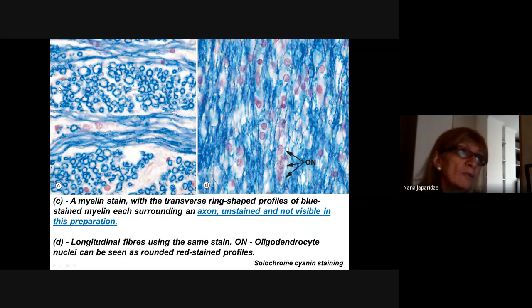This is a cross section through the myelinated axons, or transverse section. Here is a longitudinal section through the myelinated axons. The same is here. And here the oligodendrocytes, their nuclei are clearly visible.